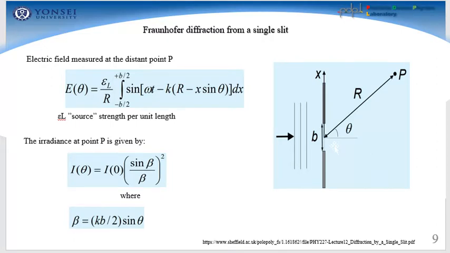Light is diffracted by a line slit and produces irradiance at point P in the direction with an angle theta, which the electric field is measured by this, and the irradiance at point P is given by this relation.